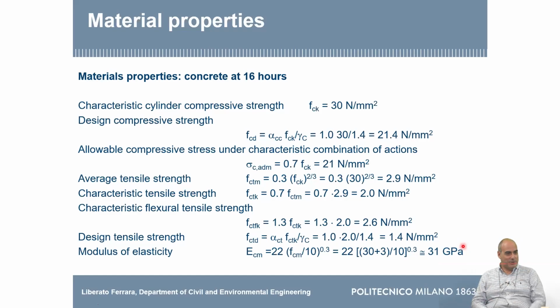And after that, it will change. And for this reason, we do not make a check under the quasi-permanent combination of actions, because it will not mean anything here. In this stage, there is only the element. There are no other loads. So the rare combination or characteristic combination and the quasi-permanent combination, they do coincide. But this situation is really very short to account for creep. So we do not take into account anything about creep.